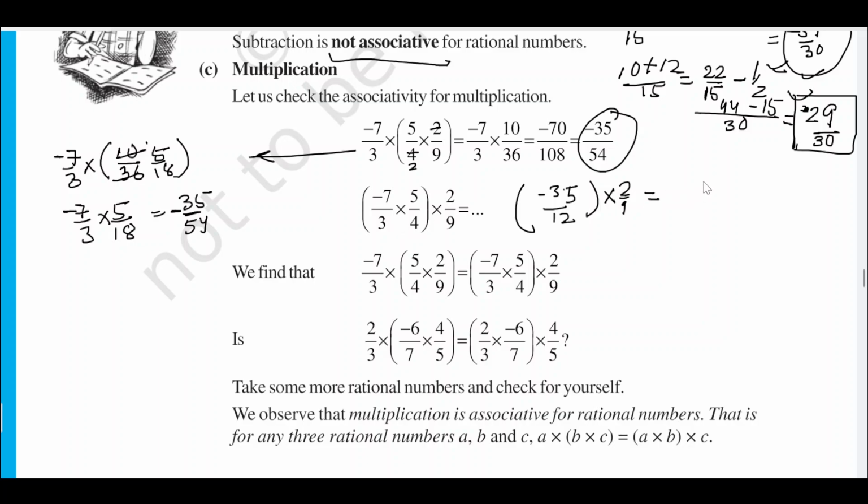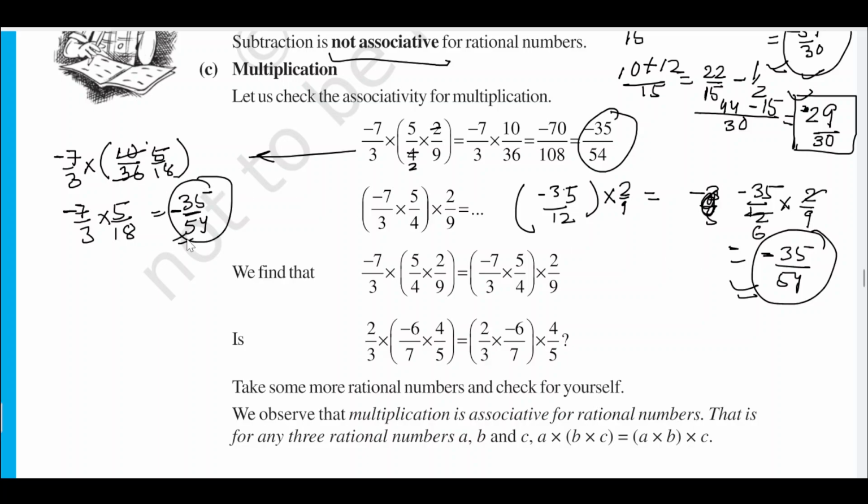So we are getting minus 35 by 12 into 2 by 9. So it will be 6. Common factor. So 9 into 6 is 54, and on the numerator we have minus 35. Minus 35 by 54. So the RHS we were getting is equal to the LHS, that is minus 35 by 54.